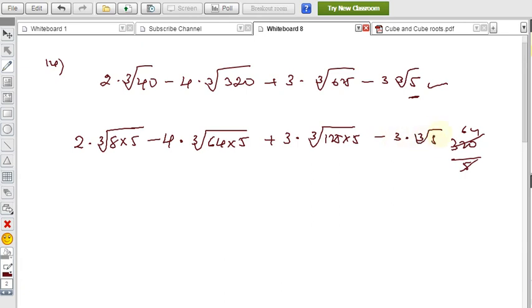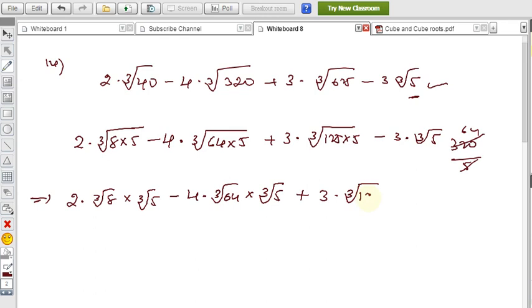Now split the cube roots: 2 into cube root of 8 into cube root of 5, minus 4 into cube root of 64 into cube root of 5, plus 3 into cube root of 125 into cube root of 5, minus 3 into cube root of 5.